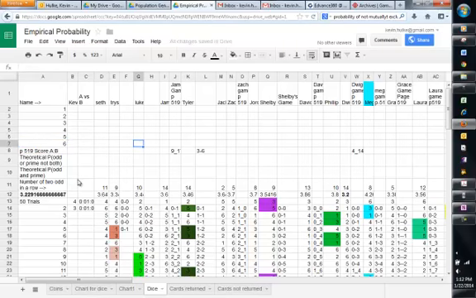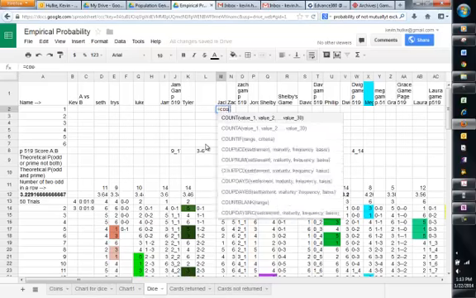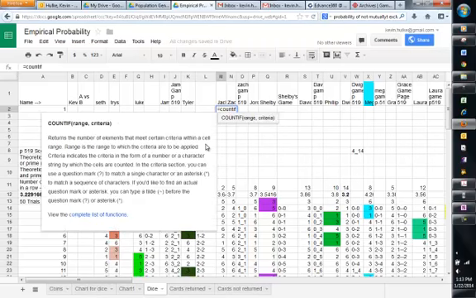So I'm going to choose Jack's numbers here. Now, what's interesting is you can let Excel, or your sharing program, do the counting. So equals count if.